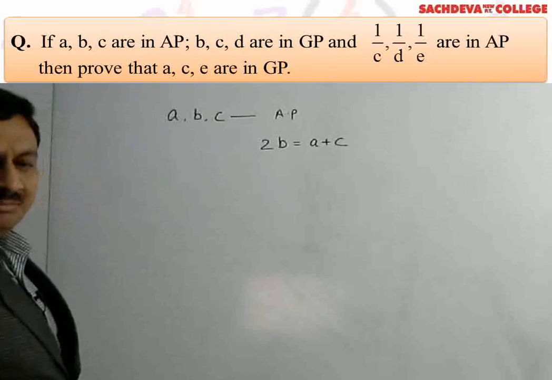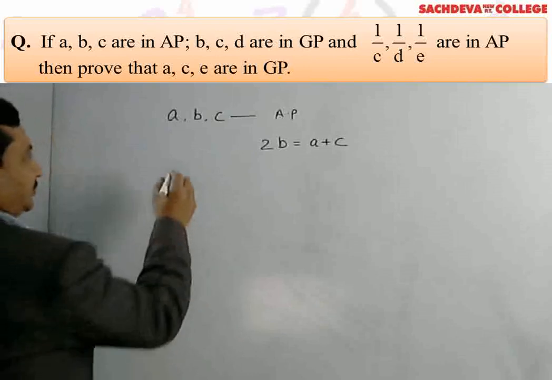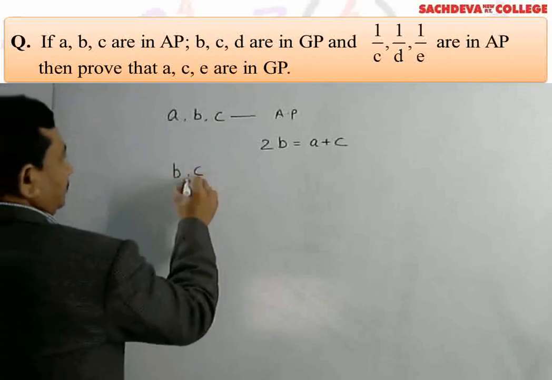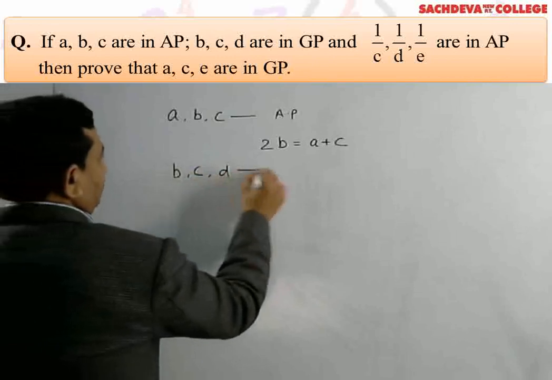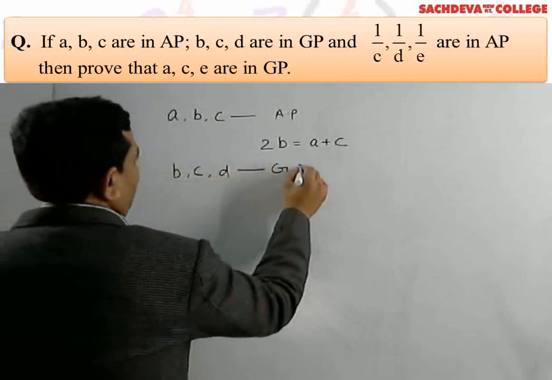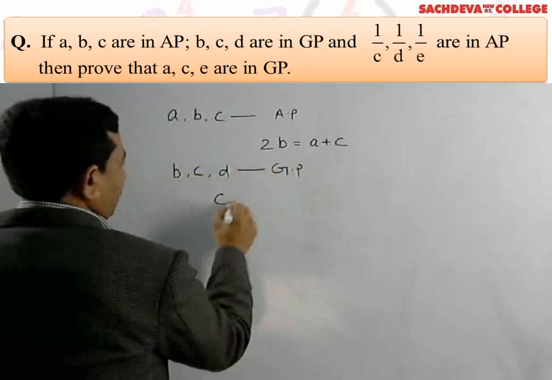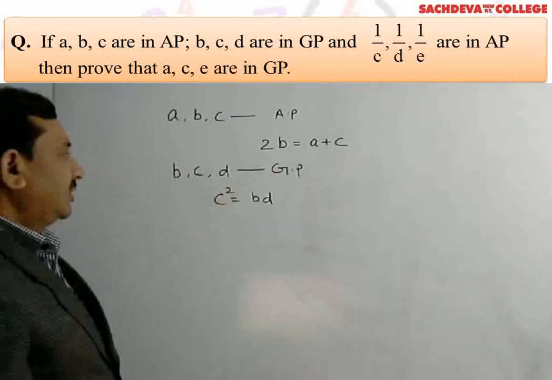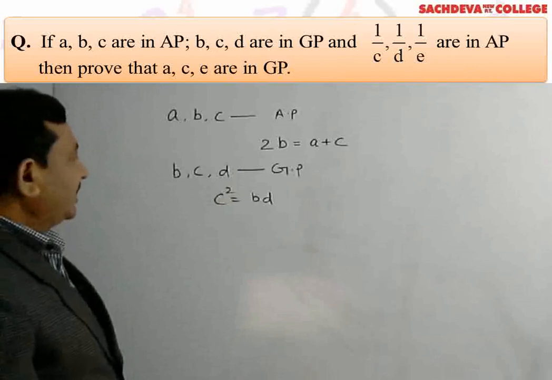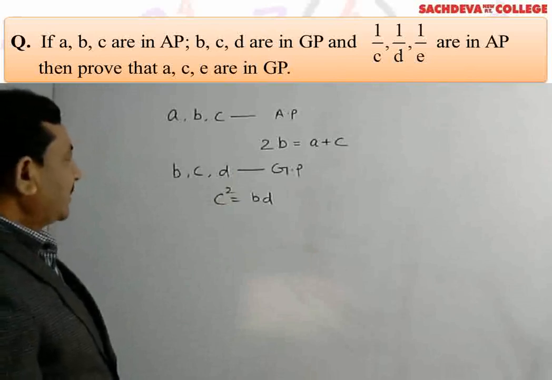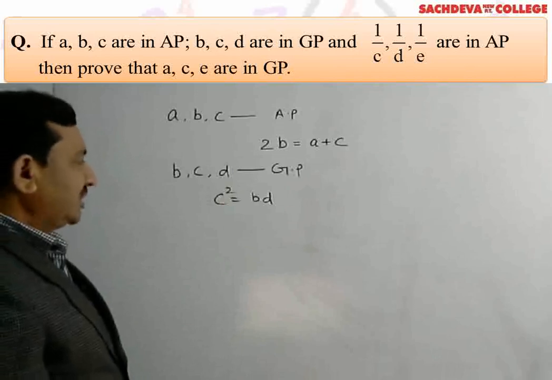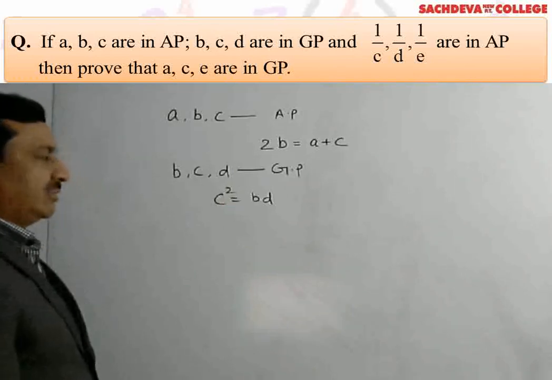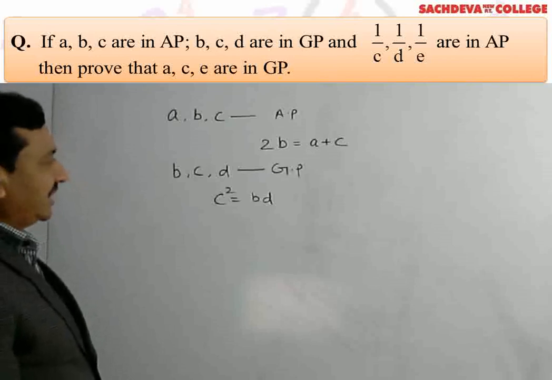Again given that B, C, D are in GP, it means C squared is equal to BD. We know that if B, C, D are in GP, then C upon B is equal to D upon C. It means the common ratio is equal. So C squared will be equal to BD if B, C, D are in GP.